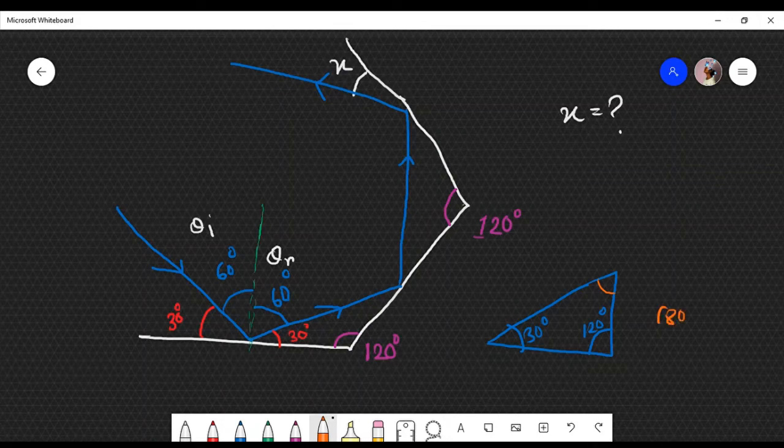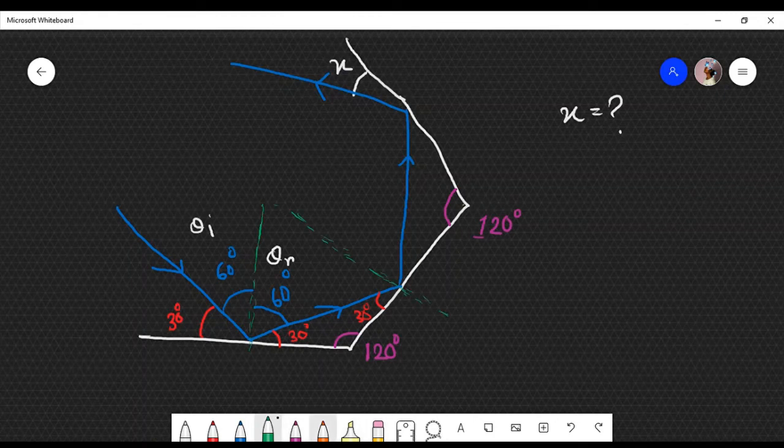So 180 minus the sum of these two angles, 150, is 30 degrees. So this angle is also 30 degrees. What a coincidence. Now let's draw another normal down there.